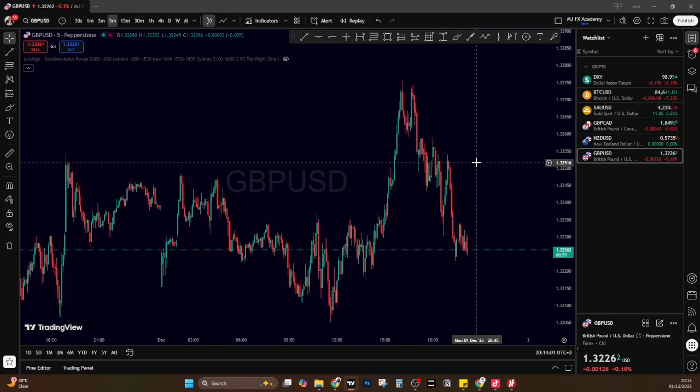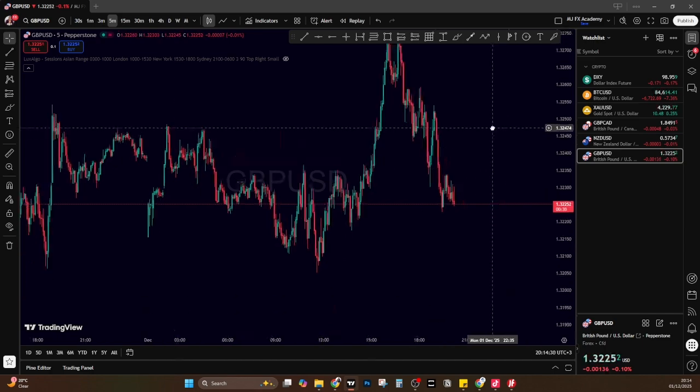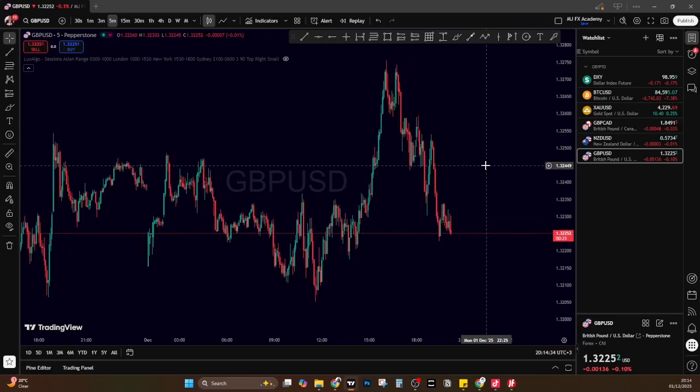And even if you are not able to do top-down analysis, I want to assume that you are able to look at a chart and understand whether the market is ranging or in an uptrend or a downtrend. And I'm sure all of us, if not most of us, are able to do that. Now, this is the 5 minutes time frame.